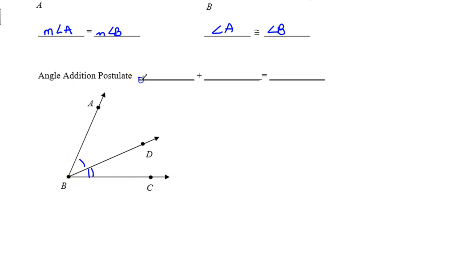So to write that out, we'd say the measure of angle ABD plus the measure of angle DBC equals the measure of angle ABC. And ABC is that whole big one. So the parts add together to equal the whole, and just like with segments, it's the segment addition postulate because we're adding two segments. Here it's the angle addition postulate because we're adding two angles.